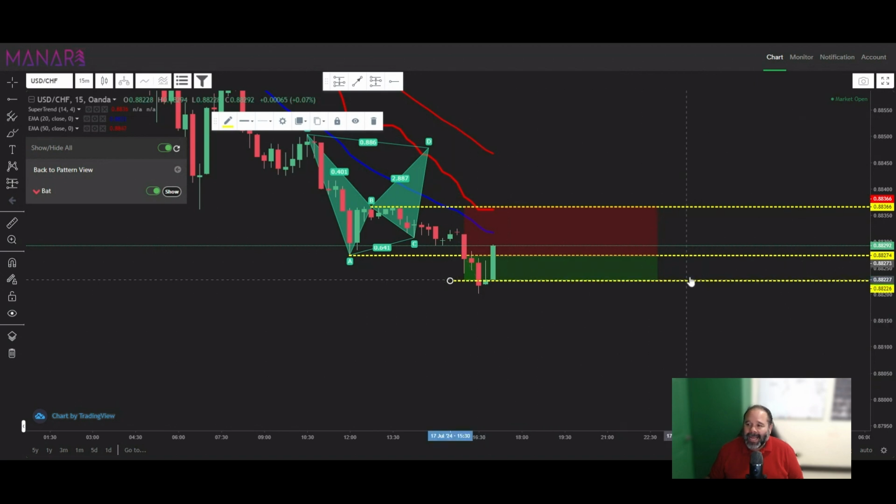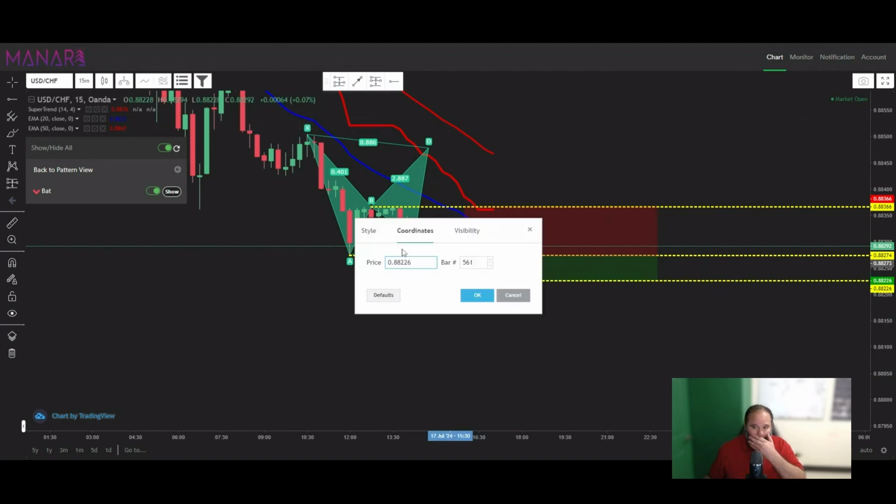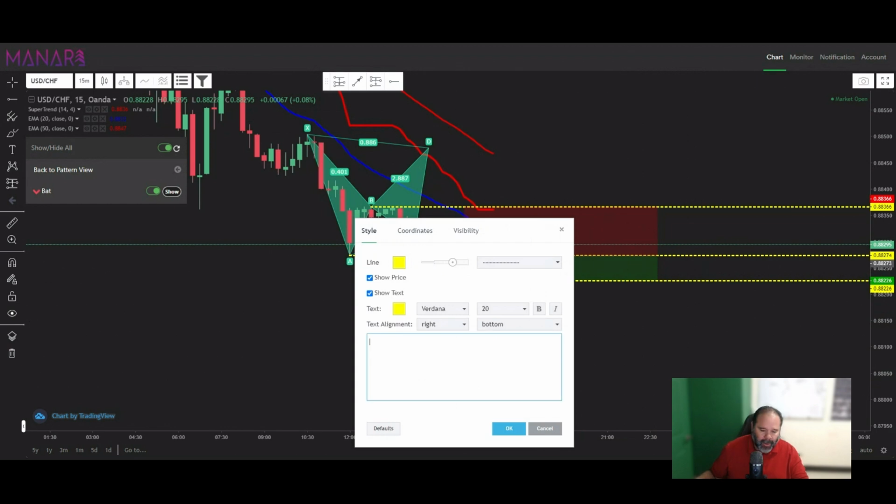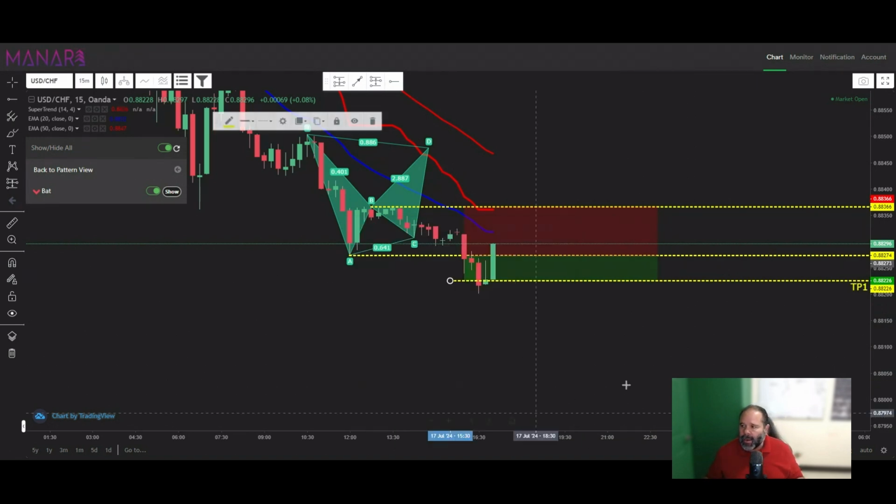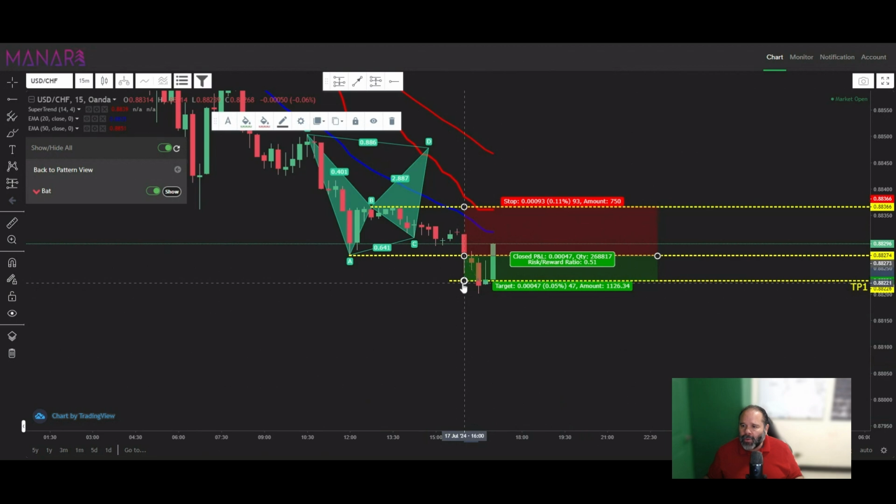Remember, we are late for this one, so you're not going to take it, but I want to show you for the new ones why this could have been a good entry signal, which already hit TP1. And then TP2 will be a 1-to-1 risk reward ratio, right there.